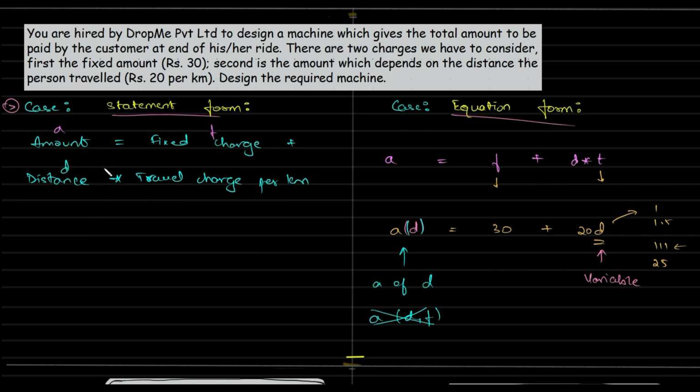So distance is d, and this is t. And once they convert it to equation form, they tell, okay, this is already fixed and this is already fixed. So let me put those values, and then look at what is the left out variable. So they analyze it. Okay, this has to be a variable because that will keep changing depending on the scenario, and then they represent the entire thing in this format.